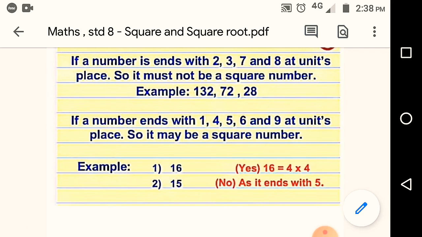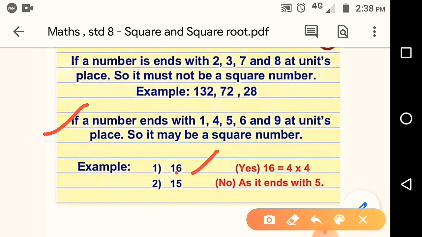Now moving ahead to the second point: if a number ends with 1, 4, 5, 6 or 9 at the units place, it can be a square number. It may be a square number. For example 16, the last digit is 6, so it can be a square number because 4 fours are 16.